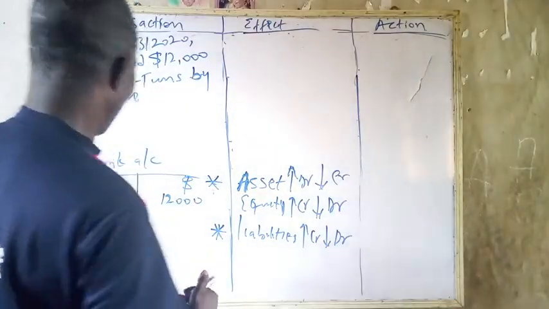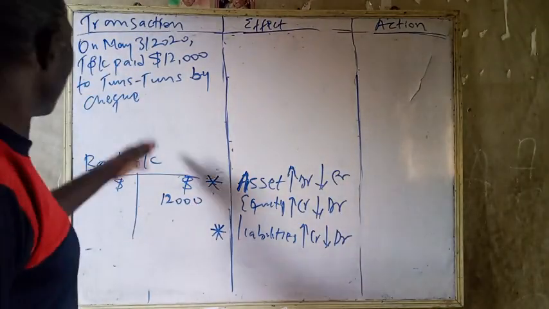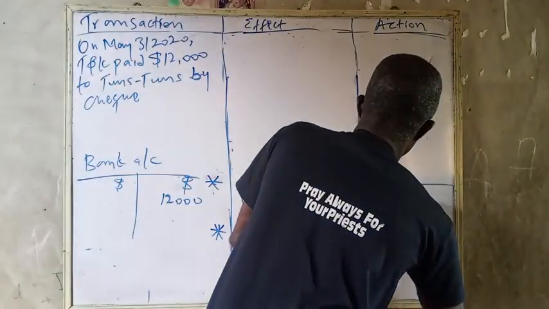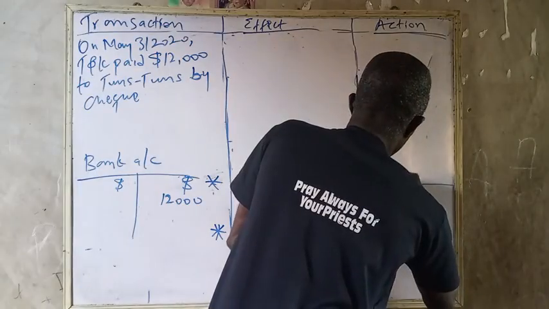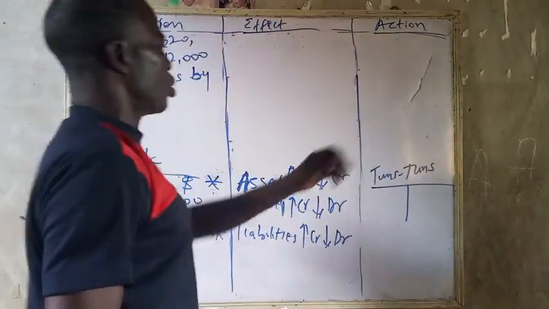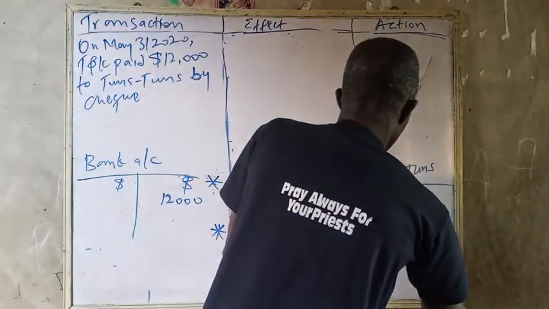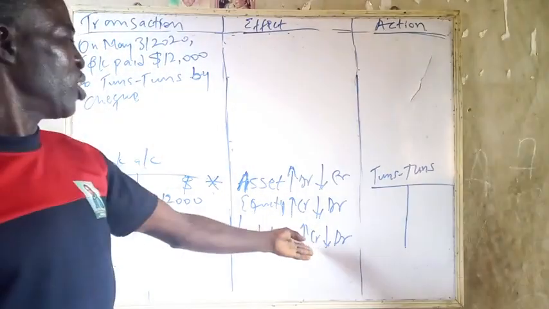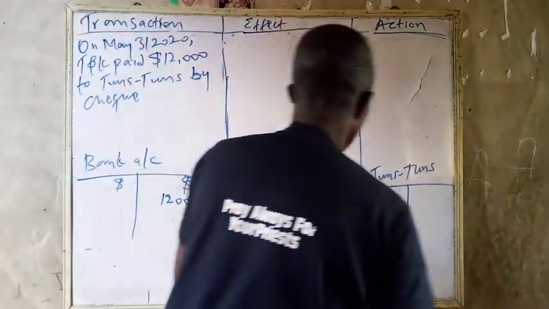You credit, right? Then liability now is receiving. Toonstones. T&K is liable to Toonstones. That means Toonstones is a liability account. When liability is reducing, what do? You debit.